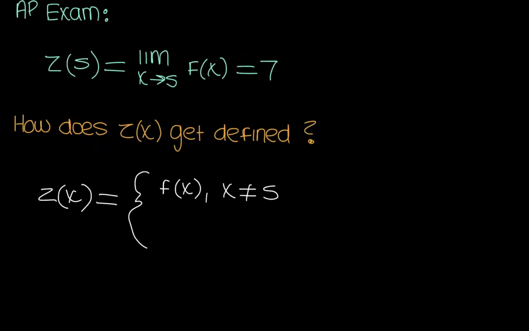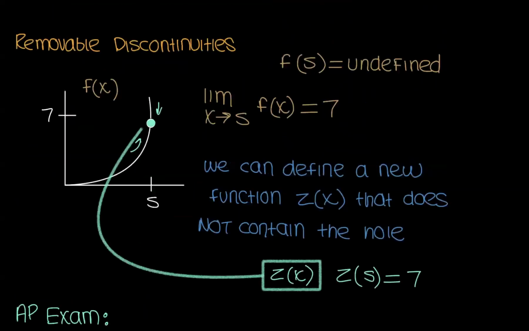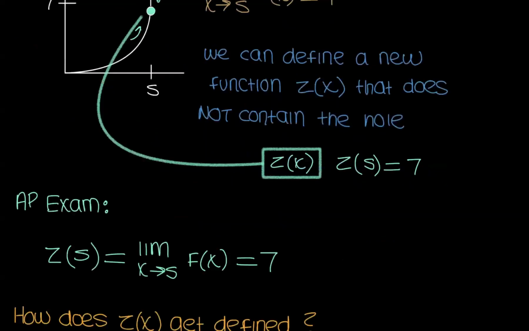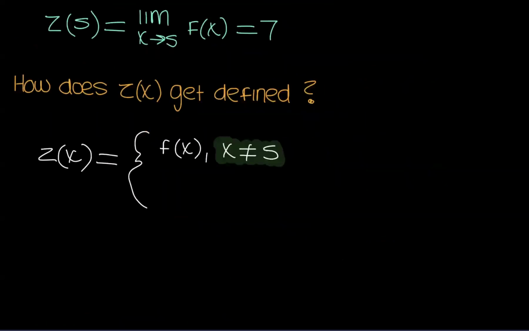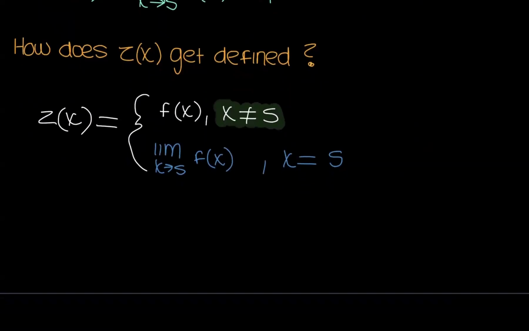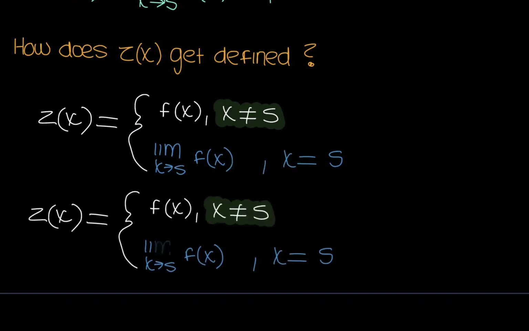So realize when we have our hole discontinuity, when there's a hole right here, I don't want f of x to be listened to. Instead, when x does equal 5, I want it to be 7. Or more specifically, I want it to be the limit as x approaches 5 of f of x, which we know is 7. So I'm just going to redefine this with 7.